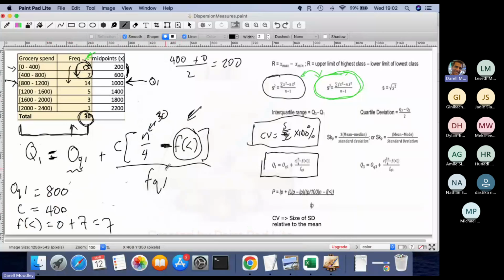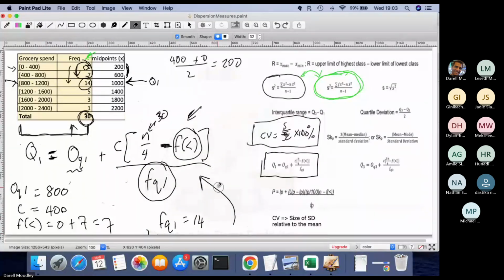And then the last value, in the denominator, FQ1, is simply the frequency of that interval, which is 14. So you substitute all these values into this equation, and you'll get a final value of 814.29.